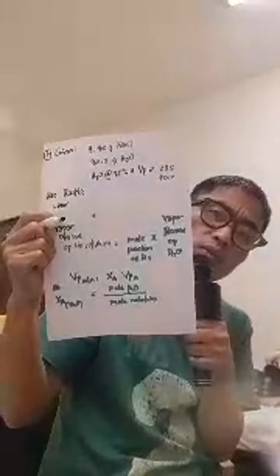So mole fraction of water, or A, is equal to the moles of water over the moles of solution, in which the moles of solution will be the moles of water plus the moles of sodium chloride, or in general form, the moles of the solvent plus the moles of the solute, in which the sodium chloride is our non-volatile solute.